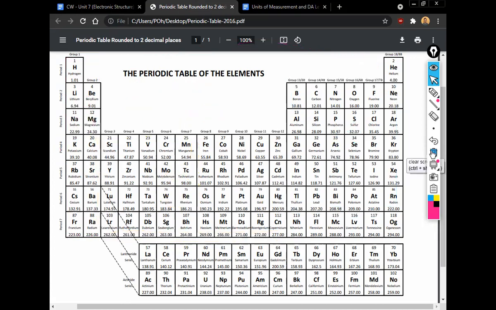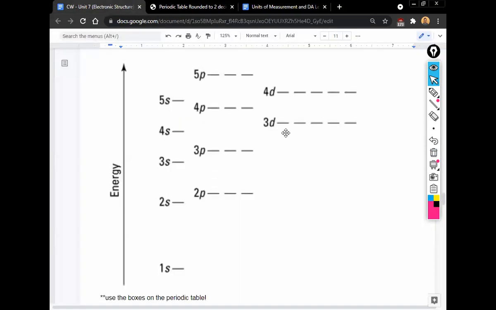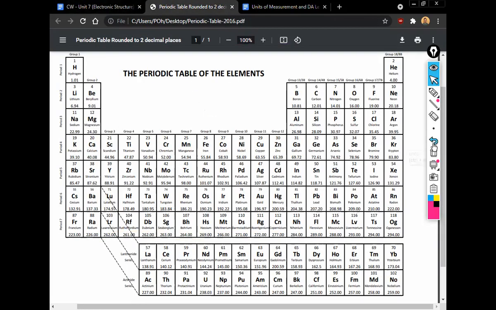And if you guys take a look at the chart, it also has that too. If you notice, the 3D is a little bit higher than 4s. It should actually be a little bit lower, but basically we want to fill in the 4s and then go to 3D, okay? And then 4D is in between 5s and 5p. If you notice, 3D is between 4s and 4p, and then 4D is between 5s and 5p. So the D subshell is always just one lower than the row that it's in.